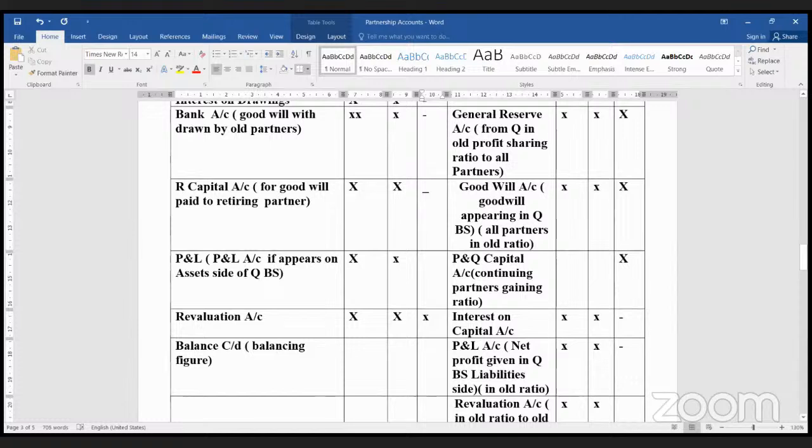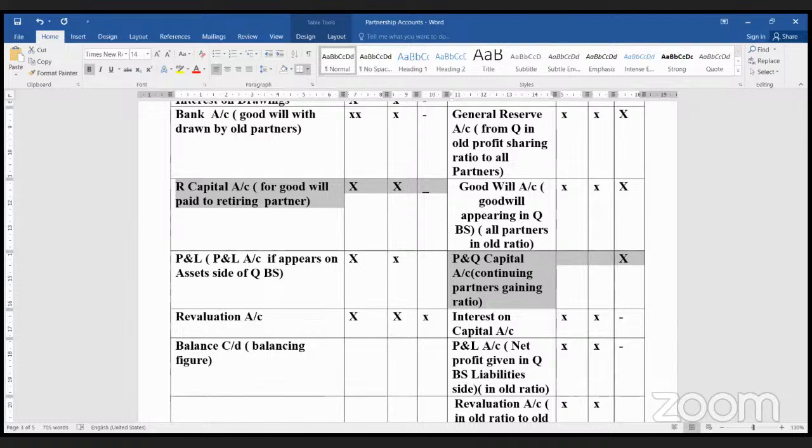I'll repeat once again this particular adjustment relating to goodwill. In retirement, whoever the partner is leaving, that partner will take it. Whatever they are increasing in their capital, we take on the credit side. So who is taking the goodwill?